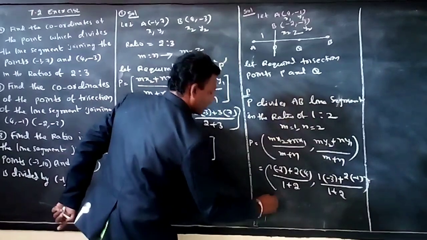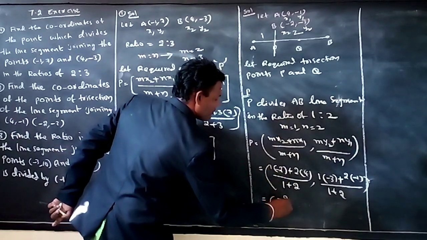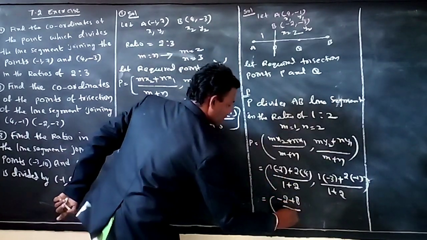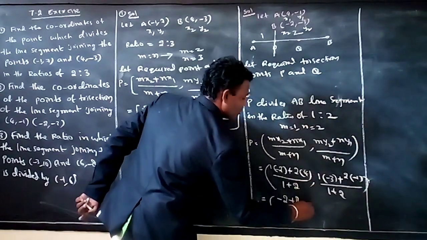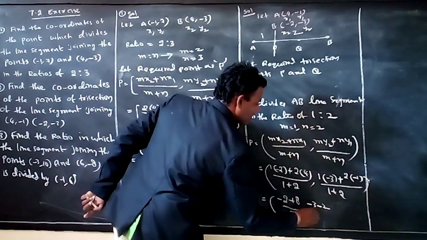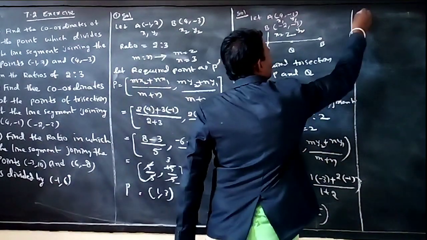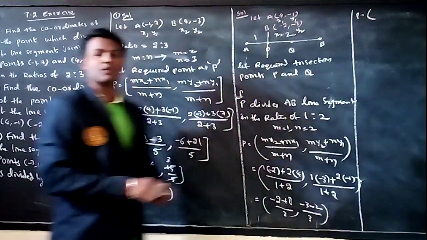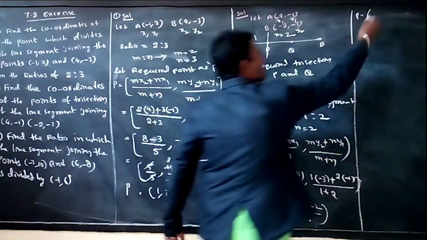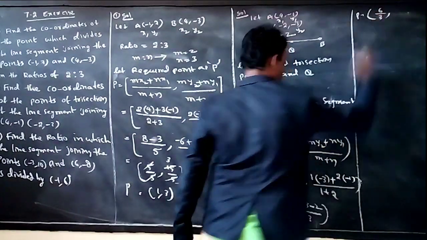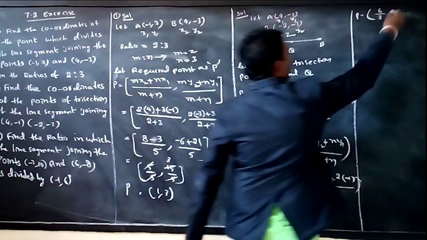So after calculating, (minus 2 plus 8) by 3. Similarly, (minus 3 minus 2) by 3. So the final answer will be P is equal to (minus 2 plus 8, that is 6) by 3 comma minus 5 by 3.